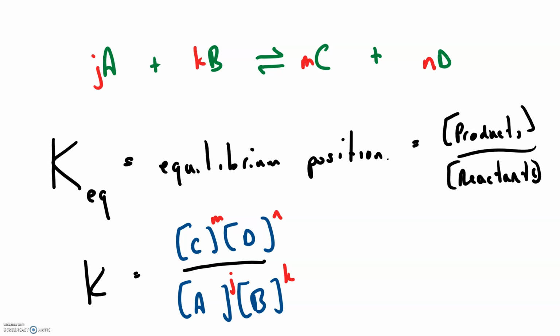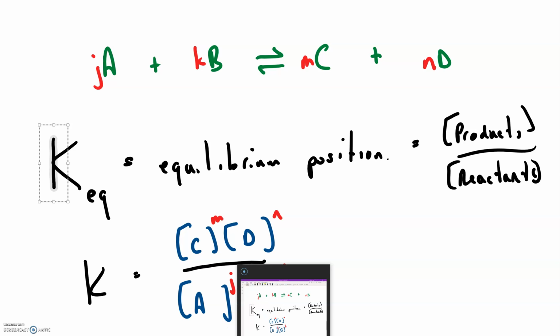It's a number that tells us that the ratio at equilibrium is this versus that. Let's take an example and I'll show you how this works.